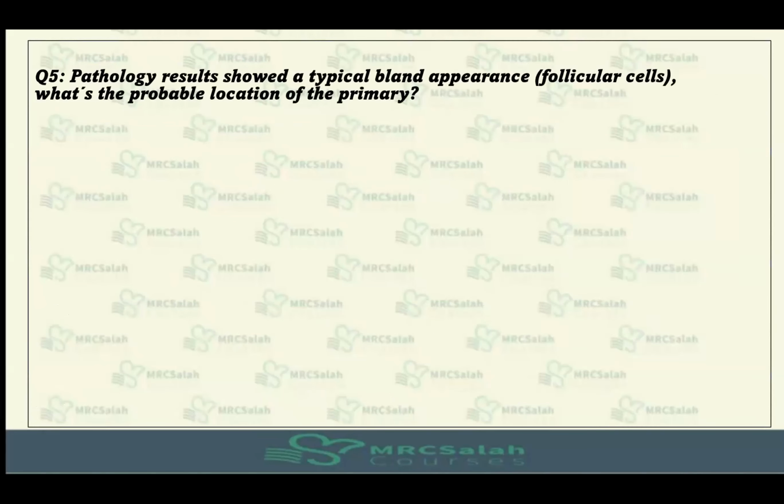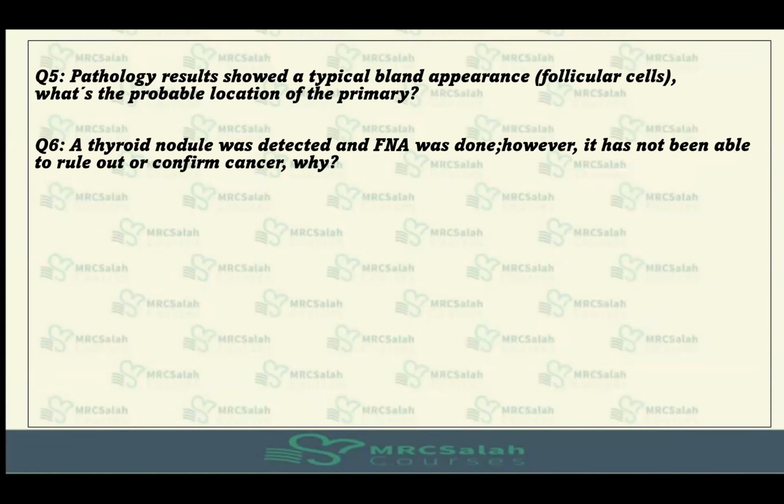Pathology results from the biopsy show the typical bland appearance of follicular cells. What is the probable location of the primary? Follicular thyroid carcinoma. So you mean the thyroid gland? Yes. A thyroid nodule was detected and FNA was done. However, it was not able to rule out or confirm cancer. Why?